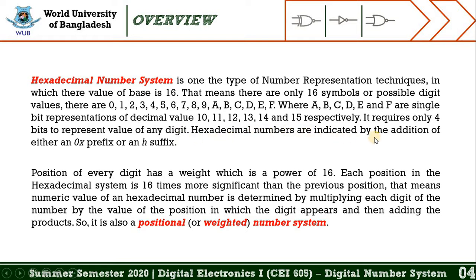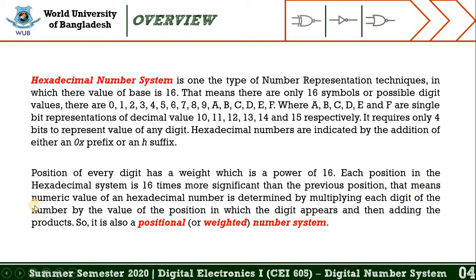Hexadecimal numbers are indicated by the addition of either an 0x prefix or an H suffix. The position of every digit has a weight which is a power of 16. Each position in the hexadecimal system is 16 times more significant than the previous position.